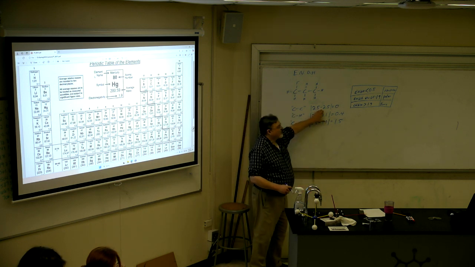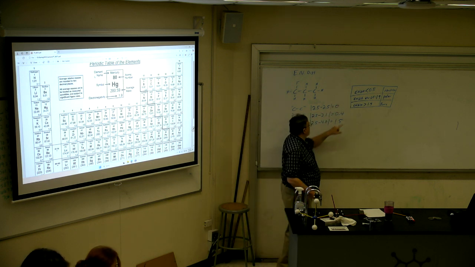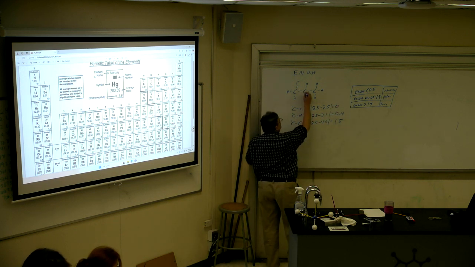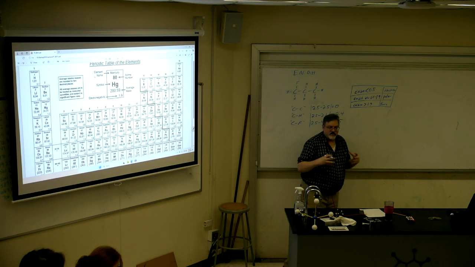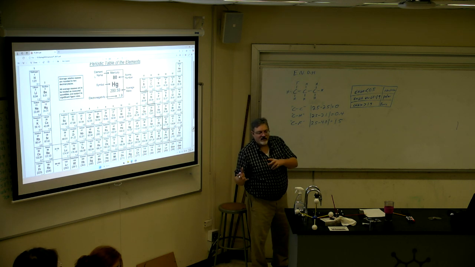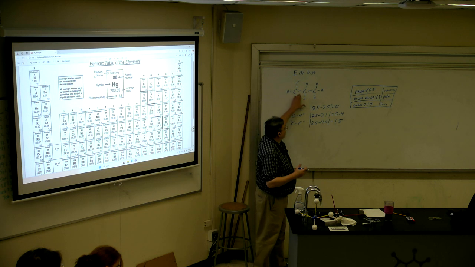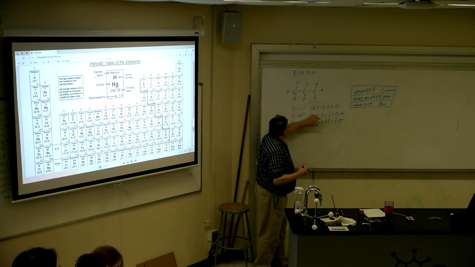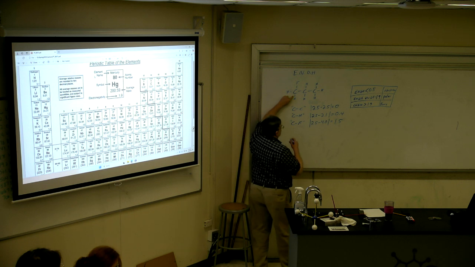Does that mean it's polar, non-polar, or ionic? This one's non-polar. So these bonds are non-polar. That means the carbons are sharing the electrons to the exact same degree. So one side of it isn't slightly negative and one side of it isn't slightly positive. It's perfectly neutral.